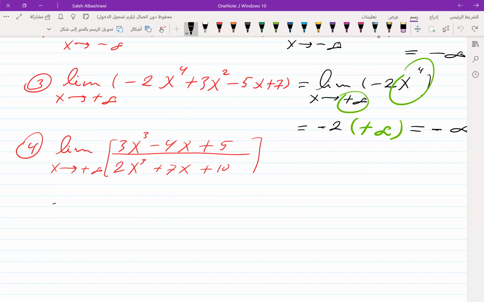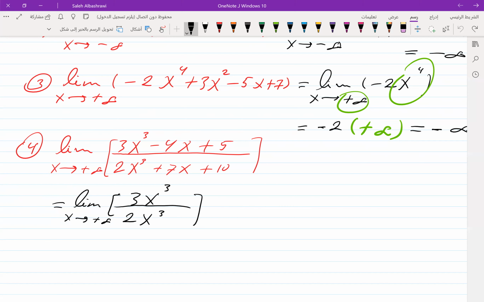So this is equal to 3x to the power 3 divided by 2x to power 3, where x goes to plus infinity.